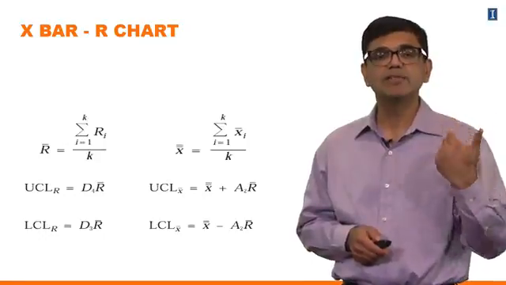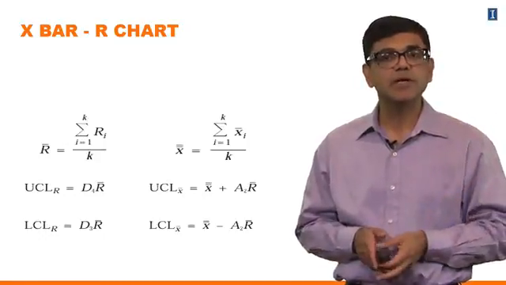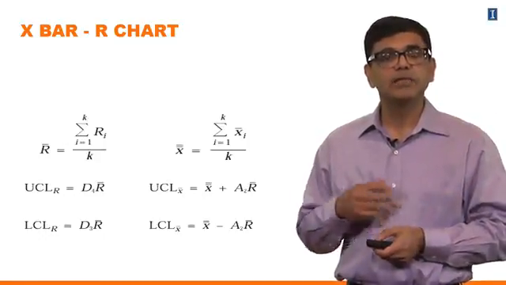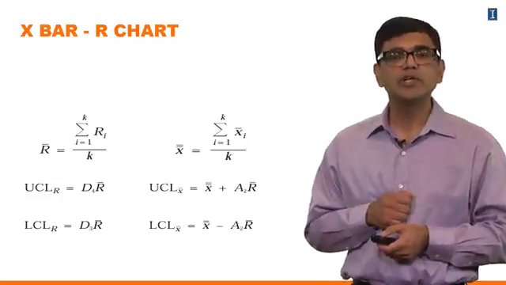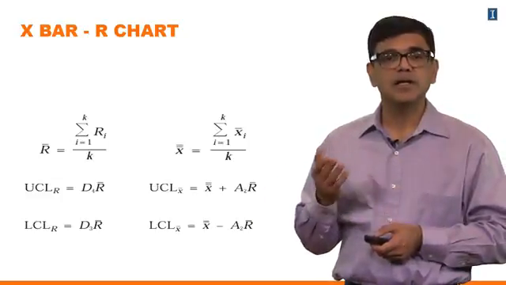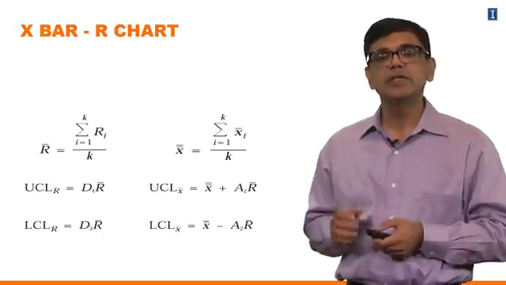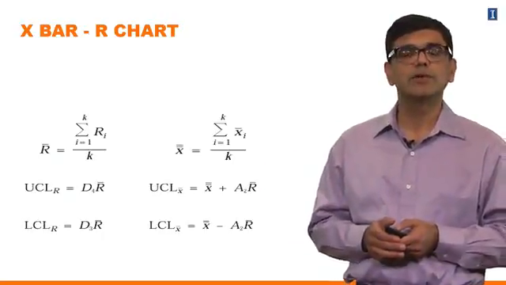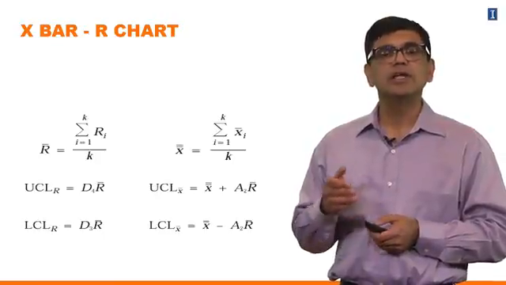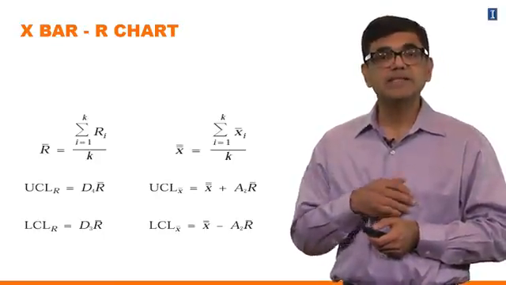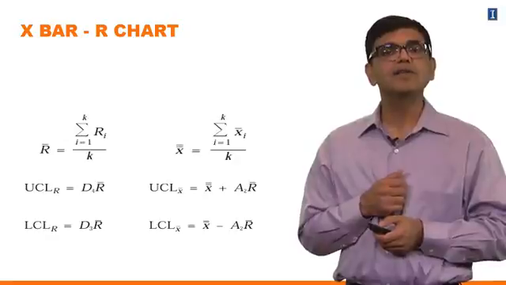So you take the average range and you multiply with something called the D4. The lower control limit for the range chart is based on a D3 number, multiply that with the average range. And then when you look at the upper and lower control limit formulas for the means chart, you're looking at the mean of means, and that's why you have the double bar on top of the X.